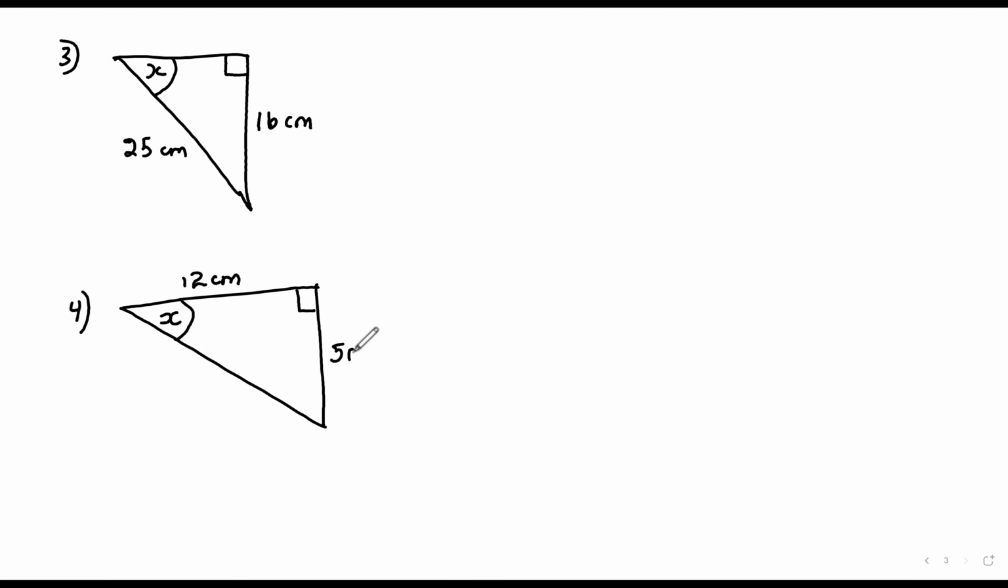So the hypotenuse is the side opposite the right angle. The opposite is the side opposite the angle of reference. And the adjacent is the third side.